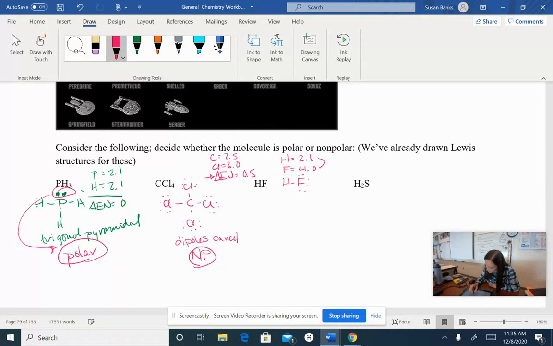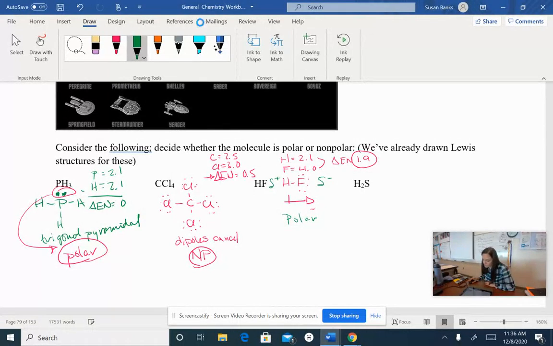That gives us a difference of 1.9. That's really, really strong. So that hydrogen does not have its fair share of electrons. Most of the electrons are going to be pulled toward that fluorine end. So this is very polar. I'm going to have a very negative end here on the fluorine and a very positive end here on the hydrogen. So this is indeed polar.